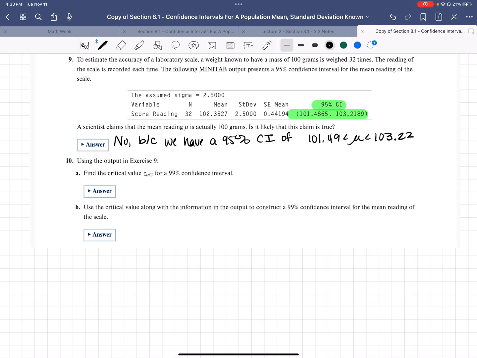Number 10, using the output in exercise 9, find the critical value for a 99% confidence interval. Okay. So because this confidence interval was 95, if this is a 99% confidence interval, then that means the remaining part is 1%, so this is 0.5%. 0.5%, okay?